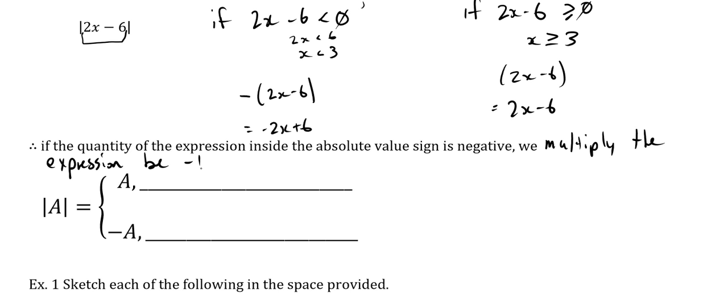Or this, and this is what I meant before by there being two different cases. So the absolute value of a is equal to a if a is greater than or equal to 0, and it's equal to negative a if a, capital A, is less than 0. A represents some expression.